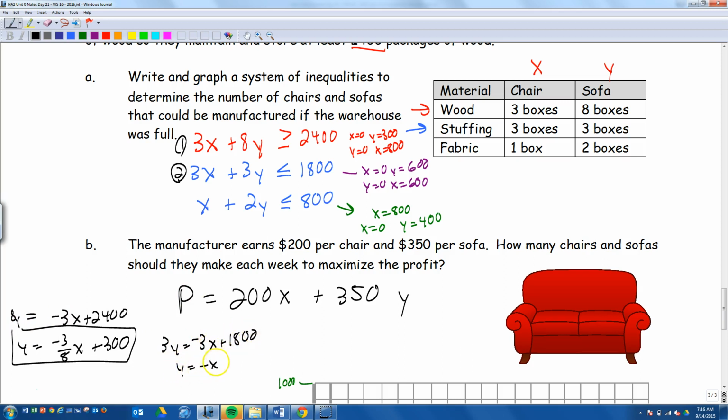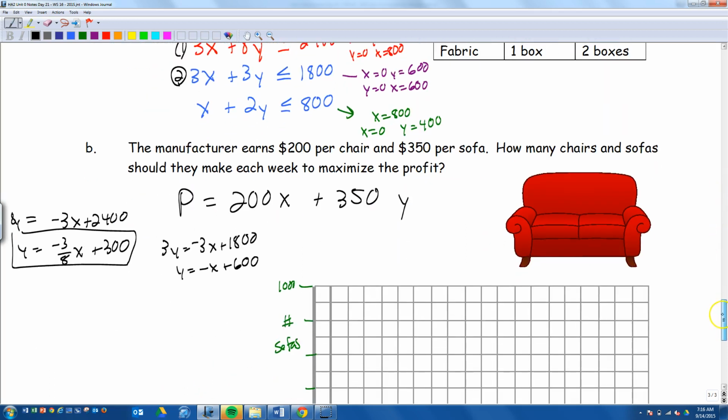Y equals negative x plus 600. And then you can solve by setting those equal. When you set negative x plus 600 equal to negative 3/8 x plus 300, and you can use your calculator for this too as well. You can graph both these lines in your y1 and y2 and then solve. Plus 3/8, so you get negative 5/8 x equals negative 300.